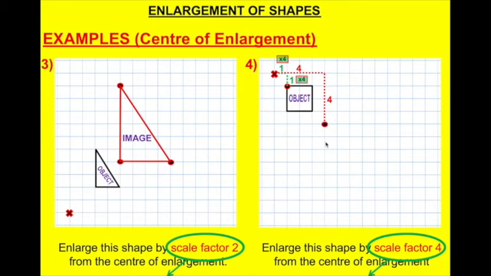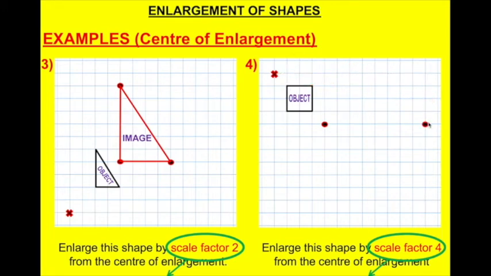Let's pick another point on the object. That point is 3 units to the right and 1 unit down from the center of enlargement. Let's multiply both of them by 4 to get 12 units to the right and 4 units down.